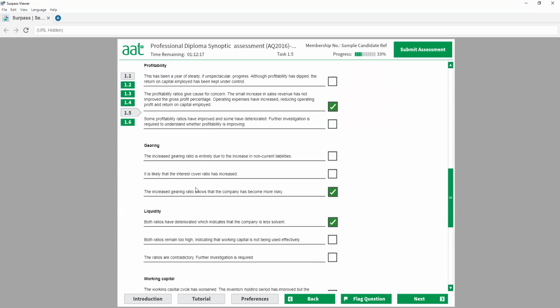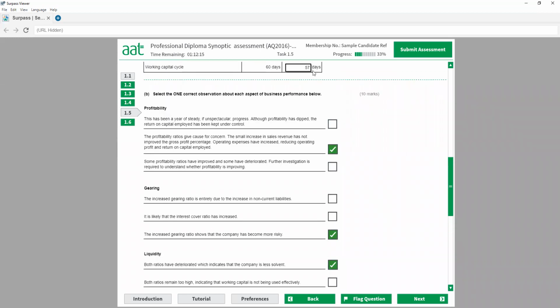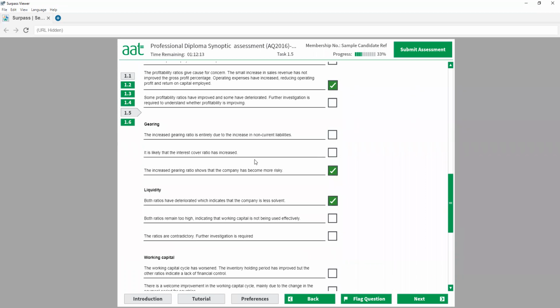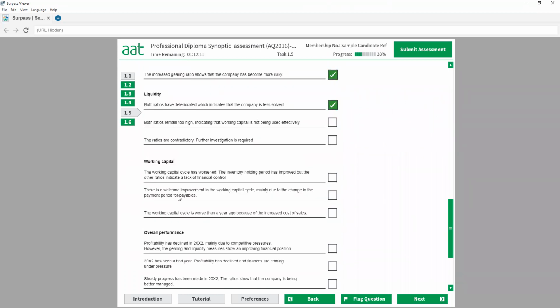Before it was 60 days, now it is 57 days, so it is better now. There is a welcome improvement in the working capital cycle, mainly due to changes in the payment period of the payables. That's true. So it's welcome because before it was 60 days, now it is 57 days.